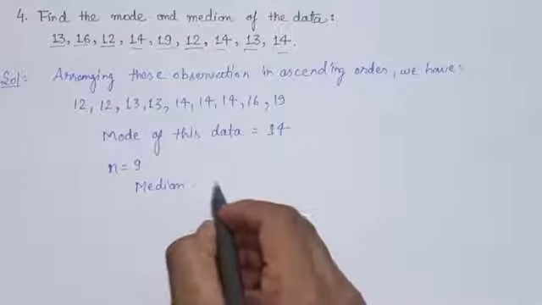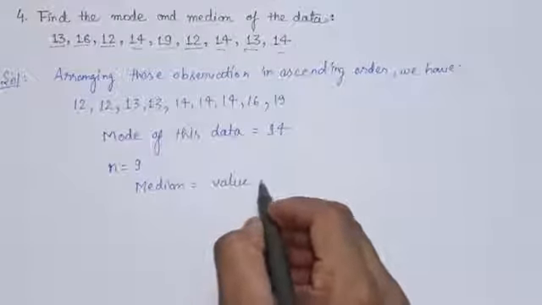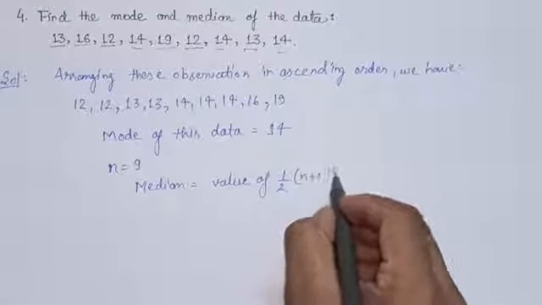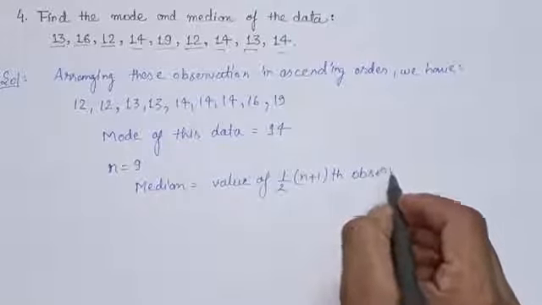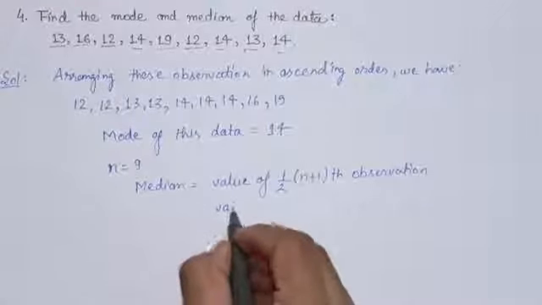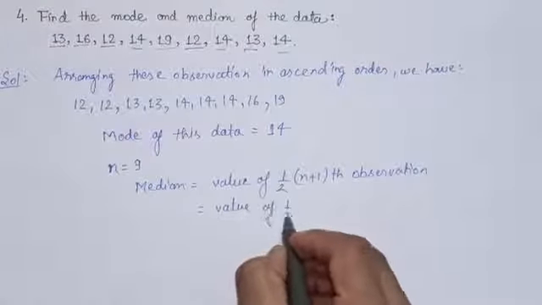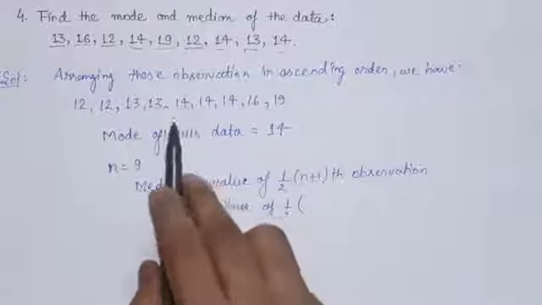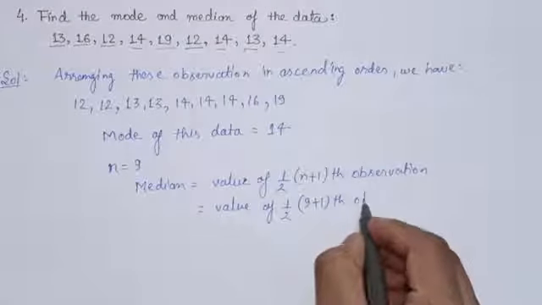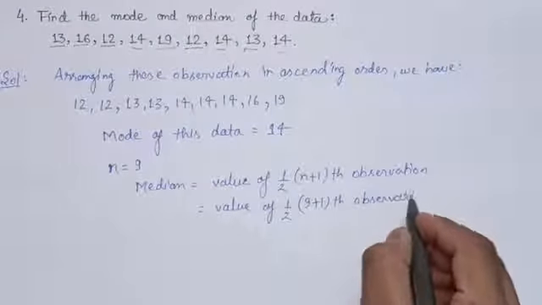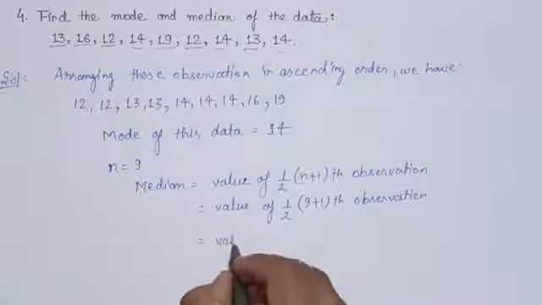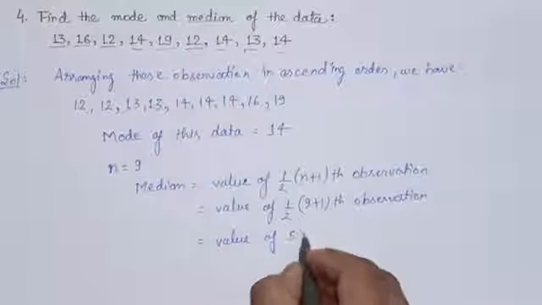So the median of this data is equal to the value of the 1 by 2 n plus 1th observation, because n is odd. In place of n we write 9 plus 1, and 9 plus 1 is 10, 10 by 2 is 5, that is the value of the 5th observation.